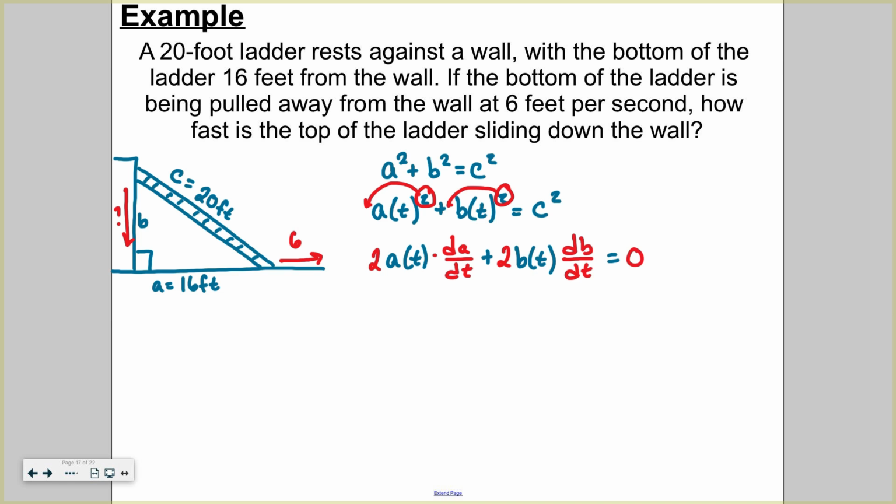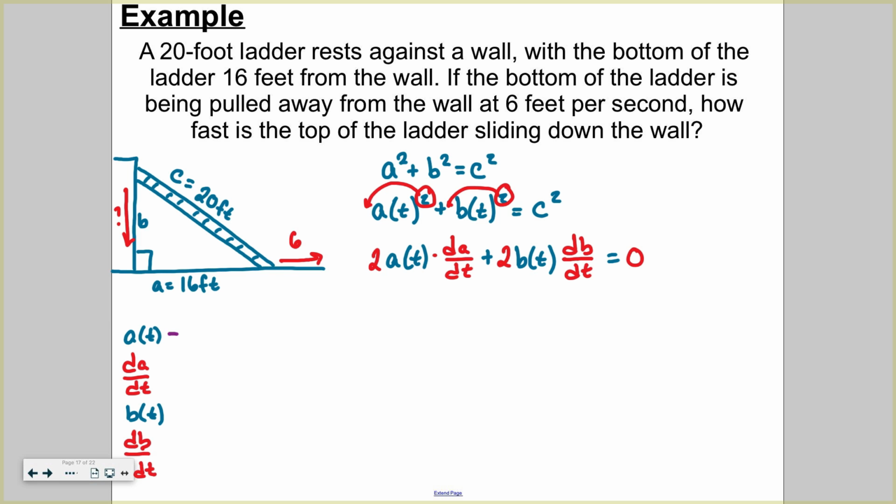Alright, so now we are left with 4 variables: a of t, dA over dt, b of t, and dB over dt. Let's think about what each represents.